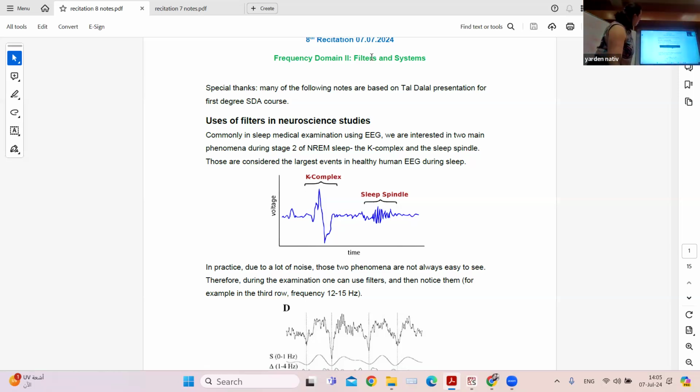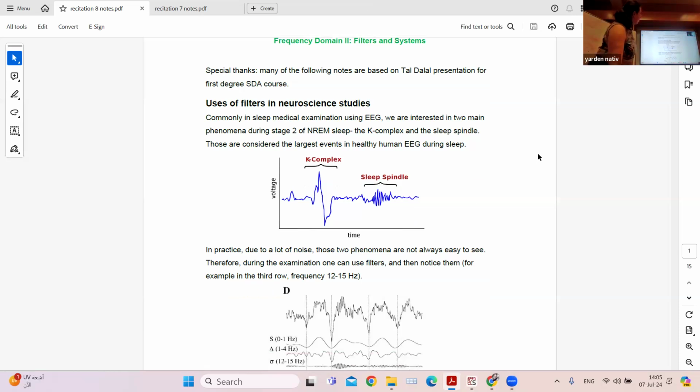Okay, so first of all, we want to understand the uses of filters in neuroscience. One of the main things that are still studied in neuroscience is, for example, sleep and the uses of EEG. When we want to see that someone has a healthy sleep, we are looking for two kinds of waves that should be in his EEG.